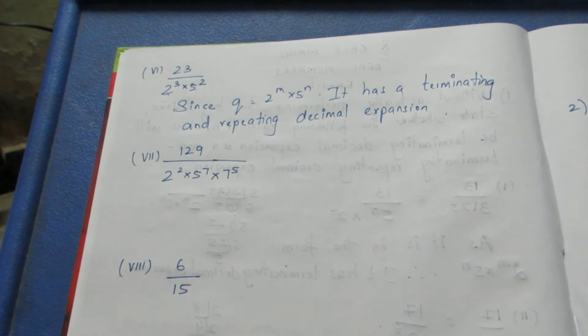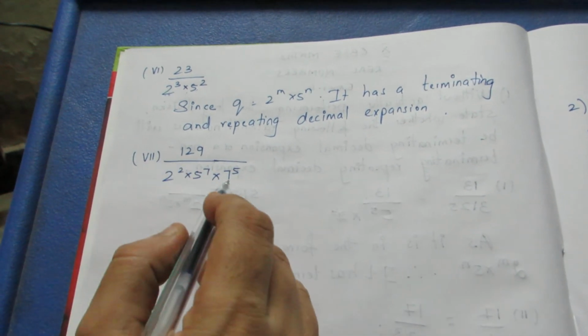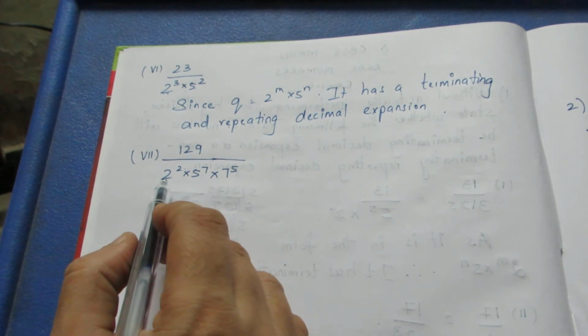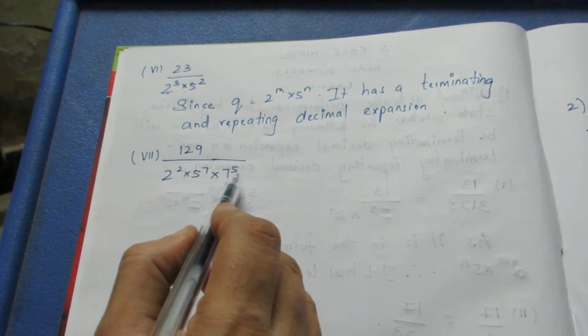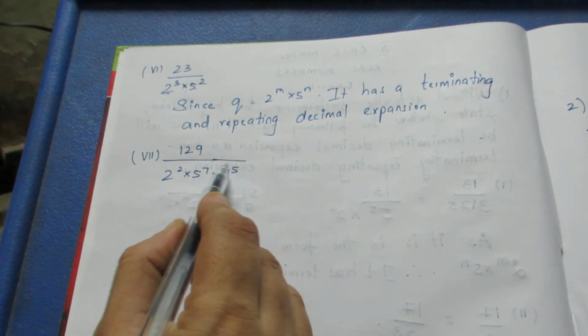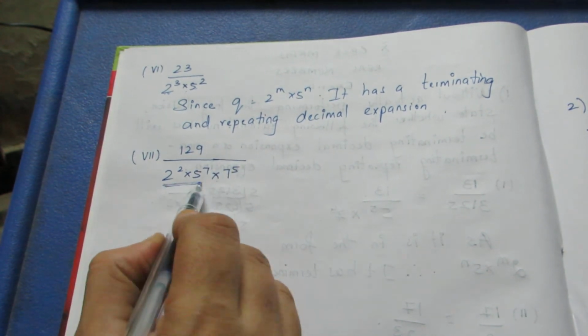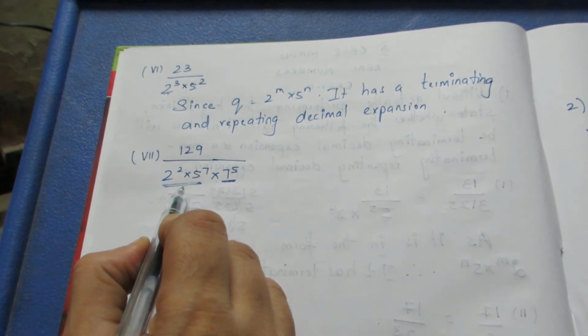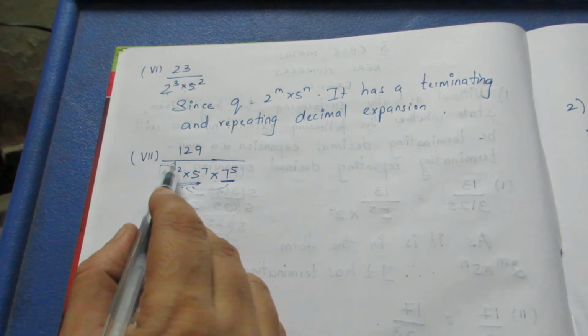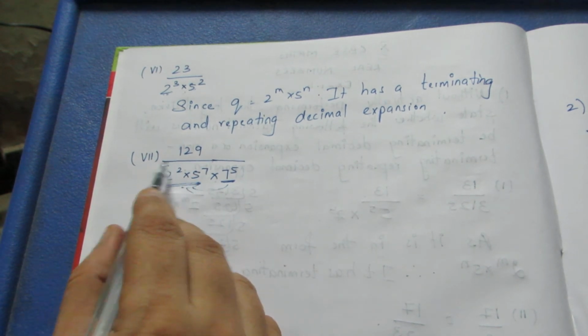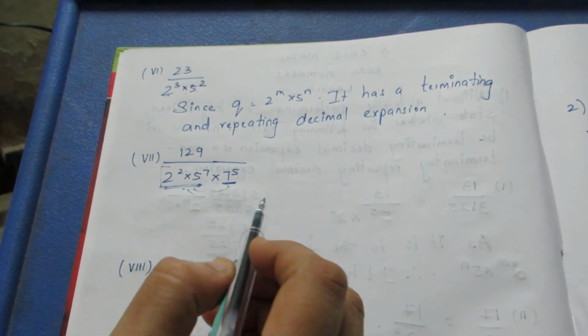See the next one. They have factorized this. They have given the denominator to be 2 power 2 into 5 power 7 into 7 power 5, which is not, as there is also 7 power 5 to it. It is not a terminating decimal expansion. The denominator should be 2 or 5 or 2 into 5, not any other number with it.